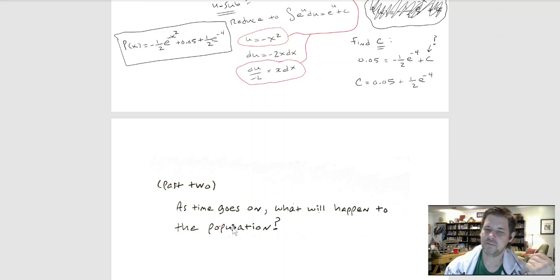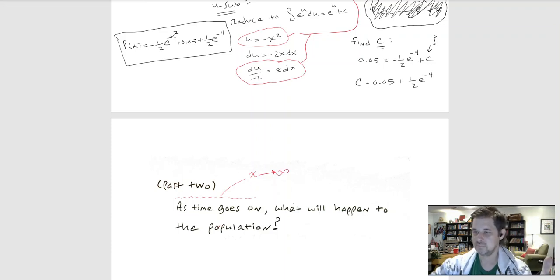So let's do some interpreting here, because just looking at this function, it might be hard to tell. What does it mean to say as time goes on? So let's say that what that means, in terms of how a mathematician or a biologist might look at this, is we're just looking indefinitely into the future.